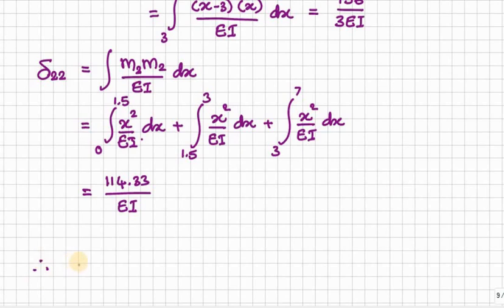Therefore, the flexibility matrix delta is equal to 1 by EI, a common term, so we take it outside.